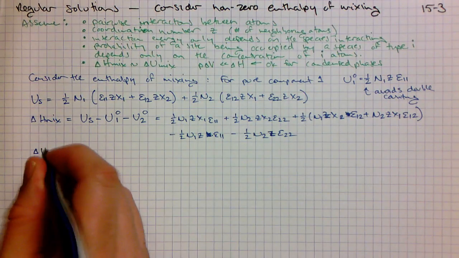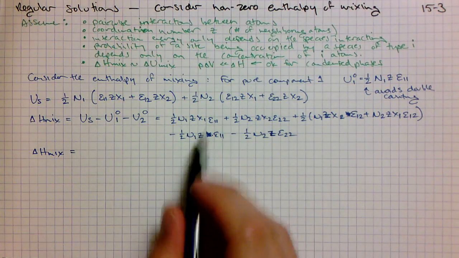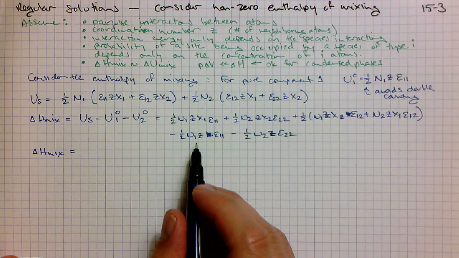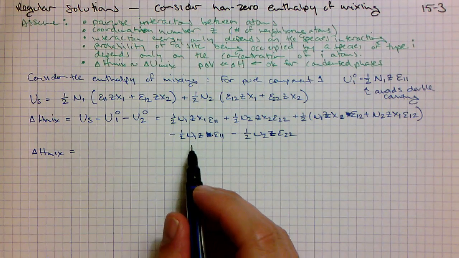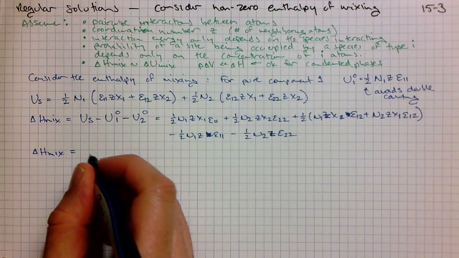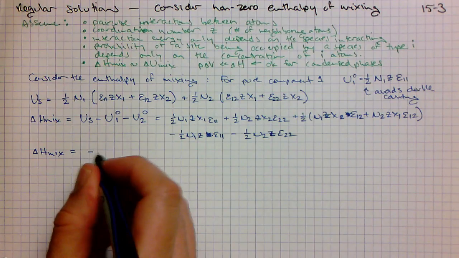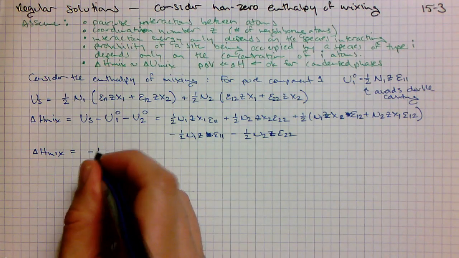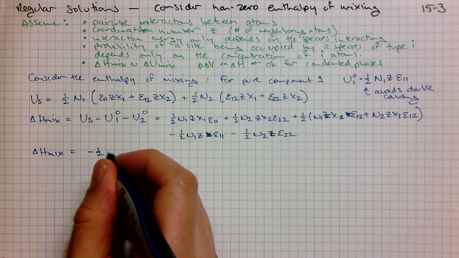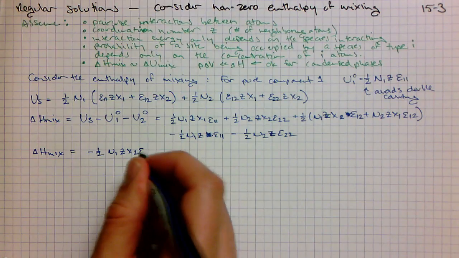So our delta H mix for the epsilon 1,1 contribution, let's look first at the epsilon 1,1 contribution. We're going to get minus 1/2 N1 Z X2 epsilon 1,1, right?